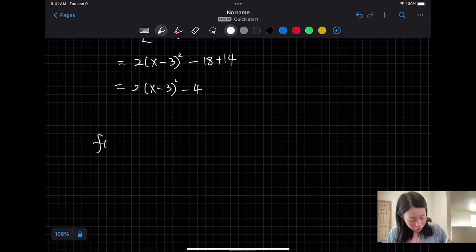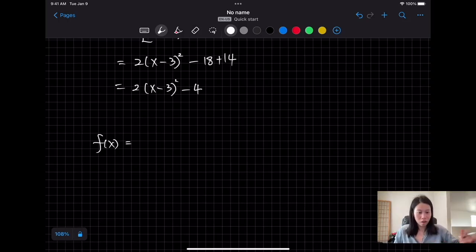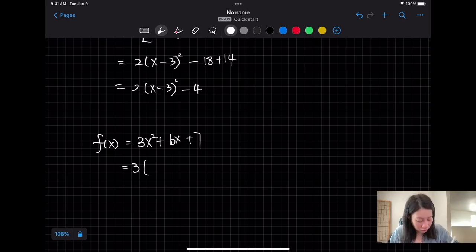I have f(x) equals 3x squared plus 6x plus 7. First step, you want to factor out the 3 from the quadratic term and the linear term. So I factor the 3 out. I have x squared plus 2x, and then add 7.